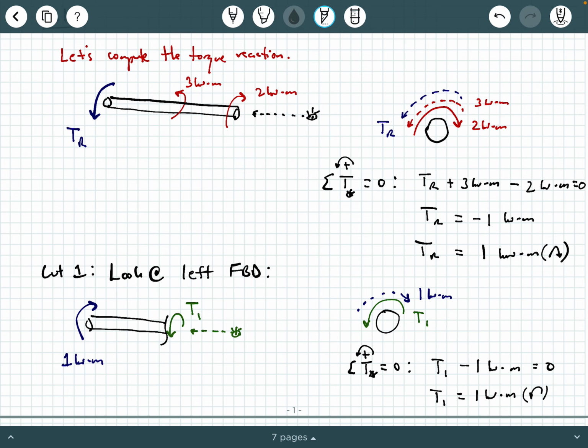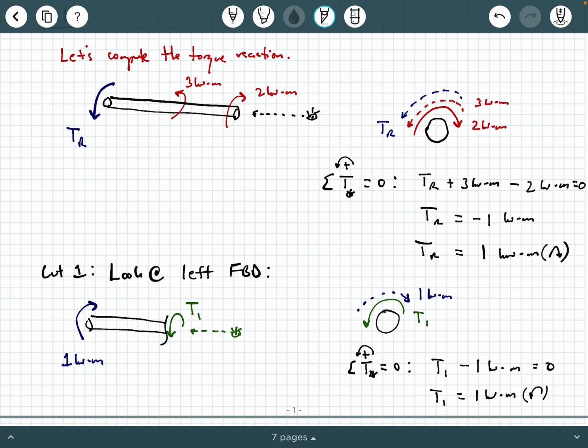Okay, am I done? No, but that's one of my answers, right? What's my next process? What am I going to get to next? Well, I need to make a cut in between the 3 kilonewton meters and the 2 kilonewton meters. And when I make this second cut, what do I look at?